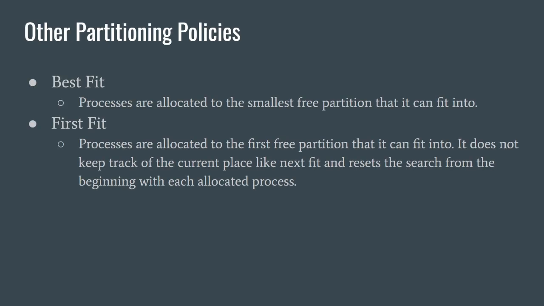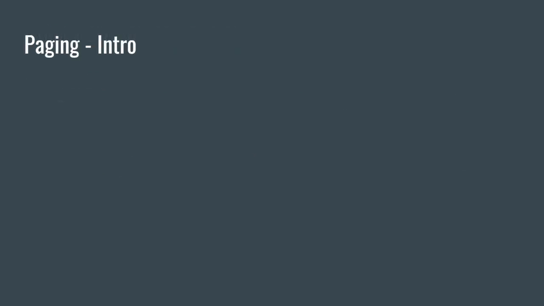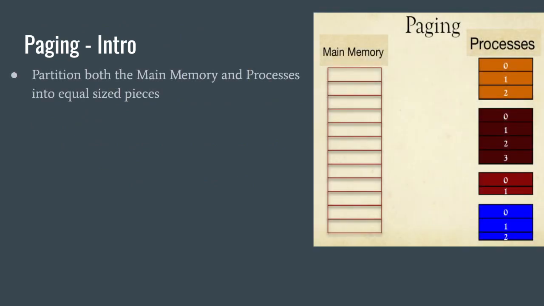All right, and on to paging. In paging, you have a partition for both the main memory and processes, and you want to split them up into generally equal sized pieces, as you can see in that image there.